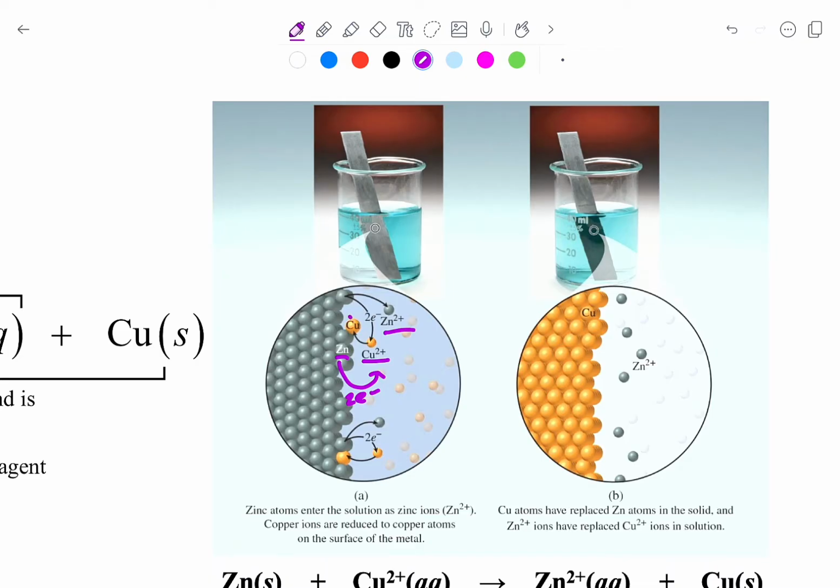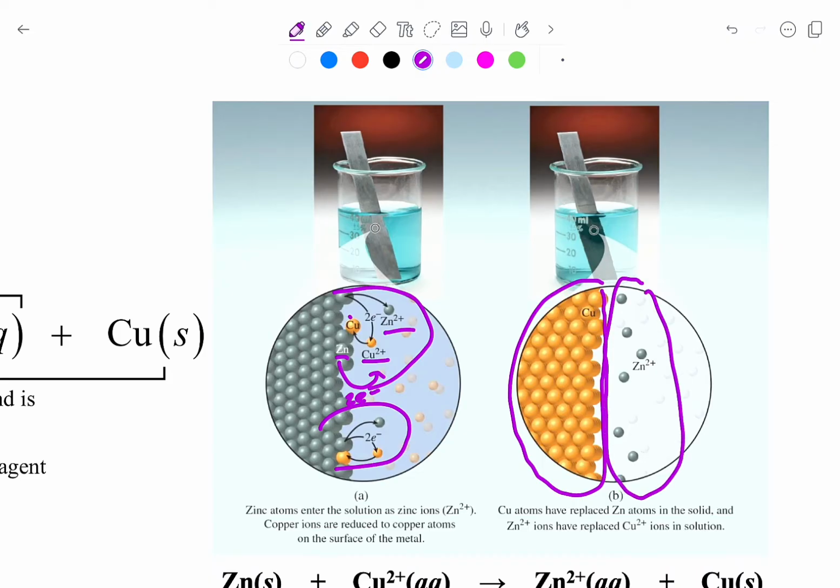And over time, with each zinc that goes into solution and a copper that comes out, we keep seeing that transfer of electrons, right? We see it happening up here as well as down here. They're literally just giving them away, transferring them from one metal to another. And it ends up where our zinc solid is now copper solid and a bunch of zinc ions.